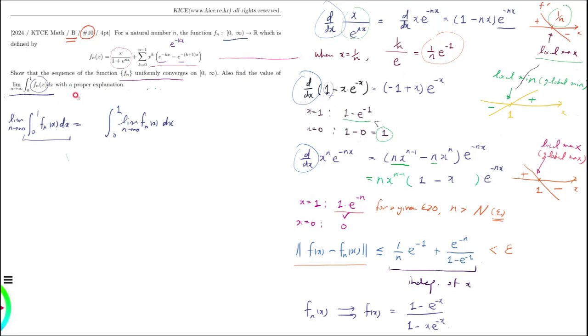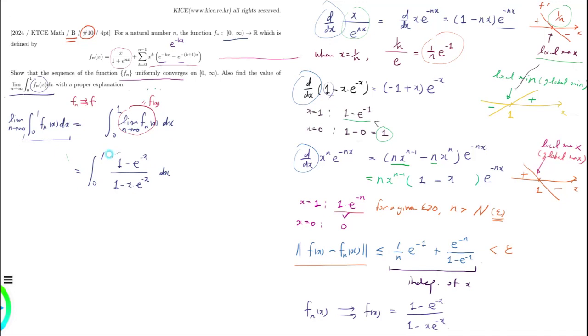It is justified because the sequence of functions uniformly converges to its target function f of x, and our target function here is nothing but 1 minus e to the minus x over 1 minus x times e to the minus x dx.